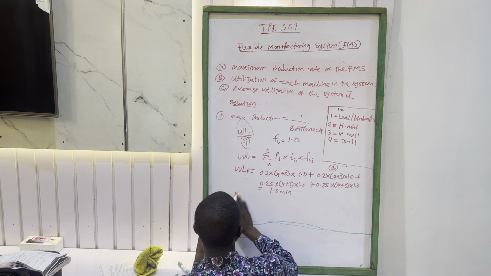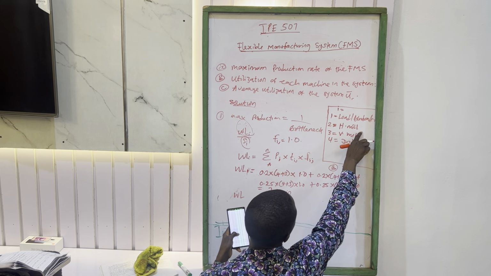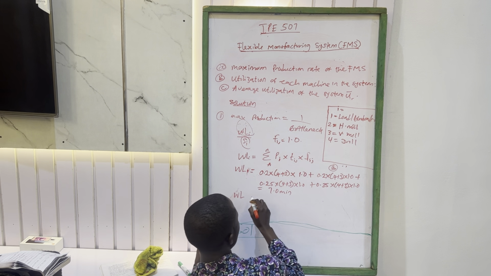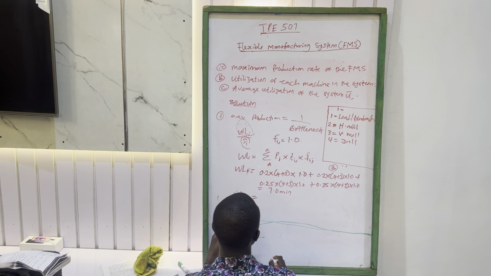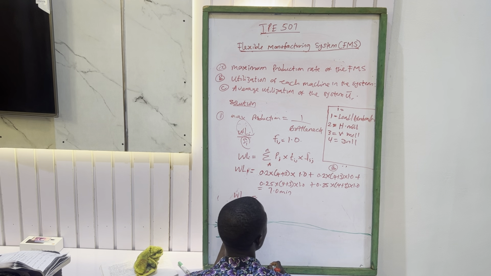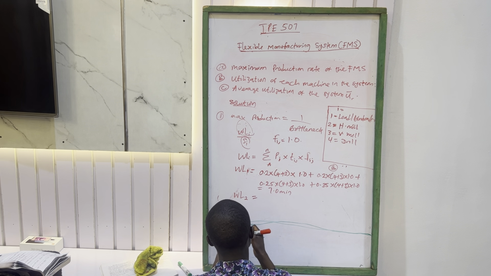We do the same thing for the horizontal mini machine, or the horizontal mini workstation. So WL2 equals, for the horizontal mini, we can see under the description that horizontal mini is number 2.